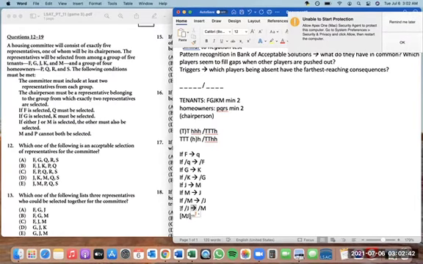Like those guys are a pair and we can't separate them. Okay, so all of those statements could be summed up just as M and J are together. They're either in together or out together.